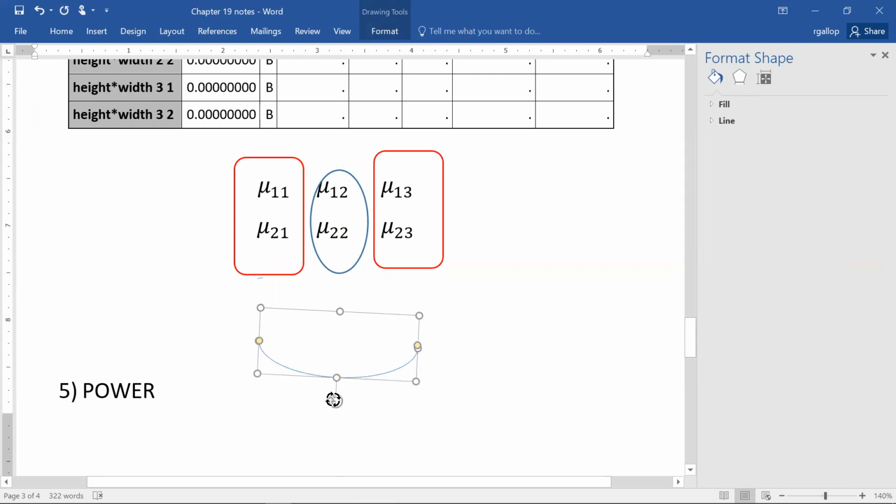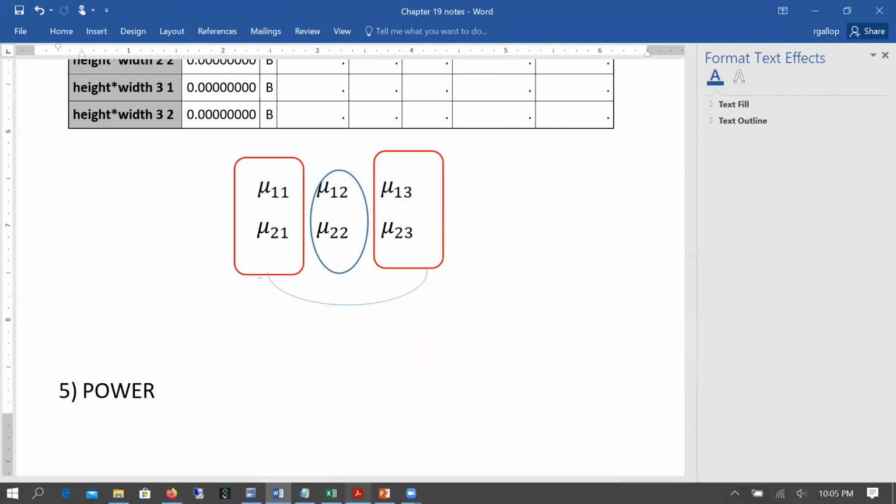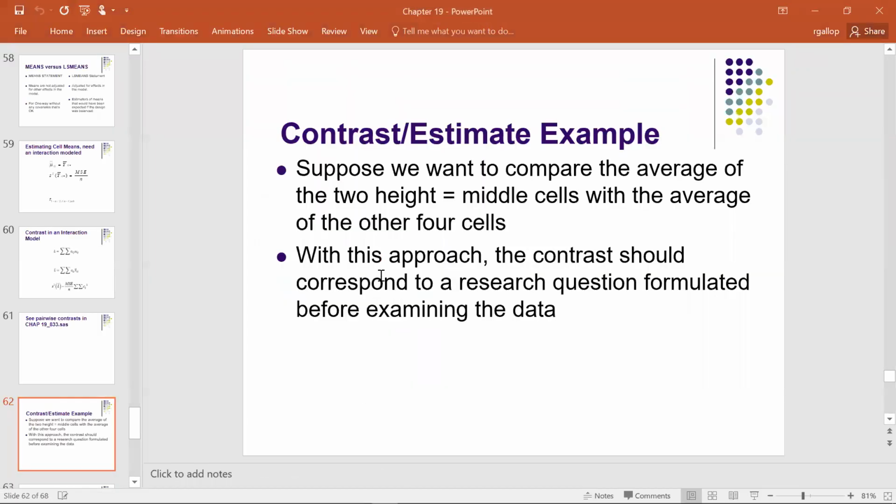So basically we want the average of these two compared to the average of the other 4 cells. So that's the contrast we want to look at. So we want to test the average of the 2 heights in the middle cells with the average of the other 4. So with this approach, this contrast should correspond to the research questions formulated before examining the data.